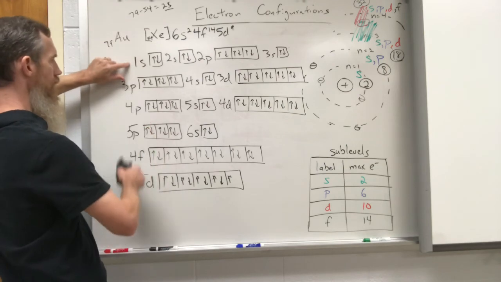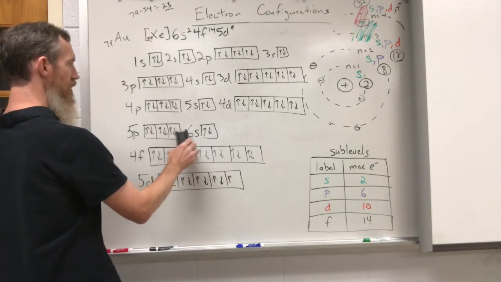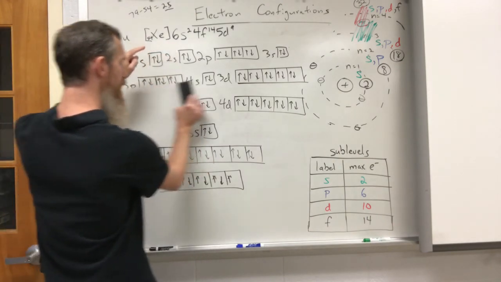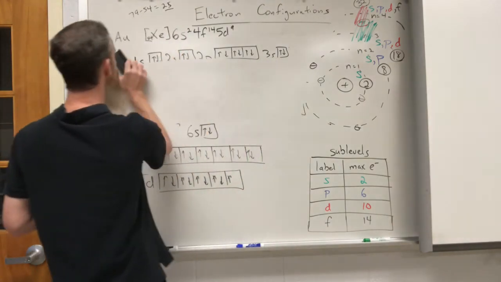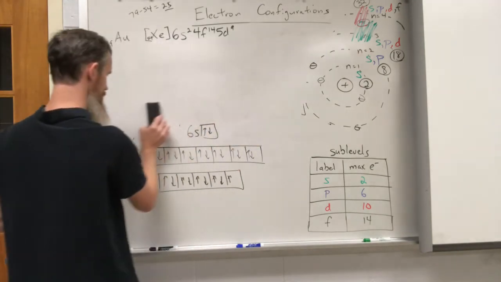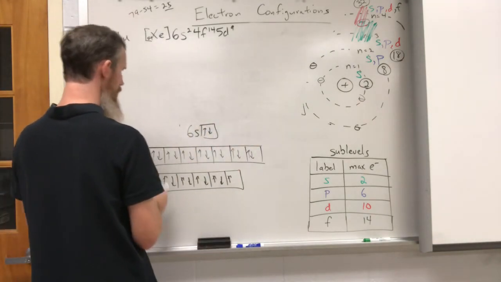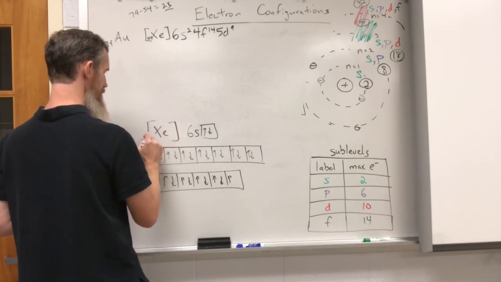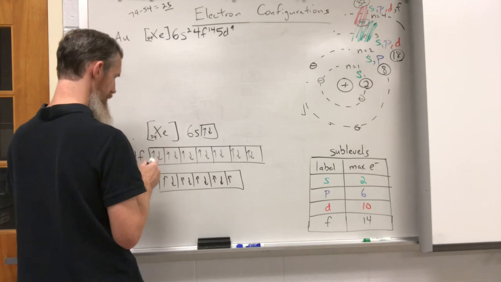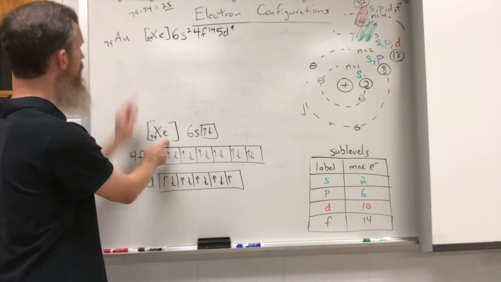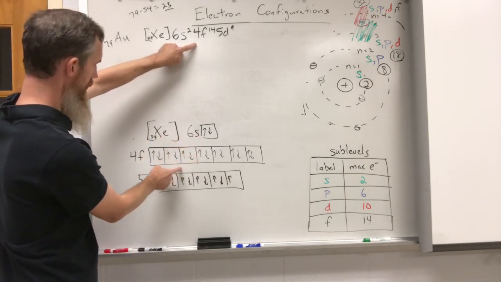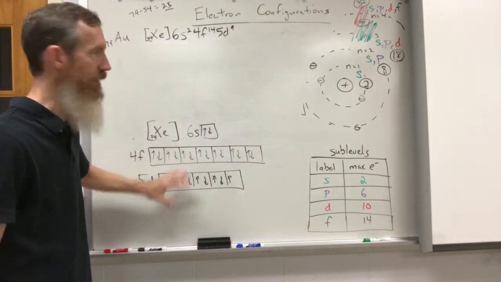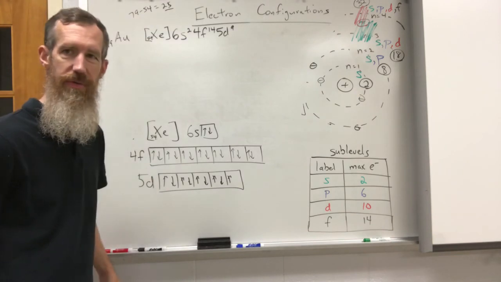So 1s all the way to 6s, I can get rid of all the stuff before it. And so I'd say: xenon, 6s2, 4f14, 5d9. Generally, though, we don't do this part. We only do it with that.